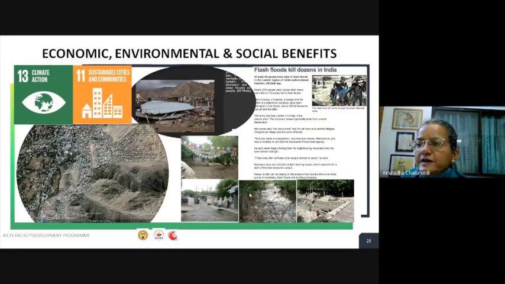There are other aspects related to sustainability principles as well as economic, environmental, and social benefits, which we can understand in relation to climate action and in relation to sustainable cities and communities.